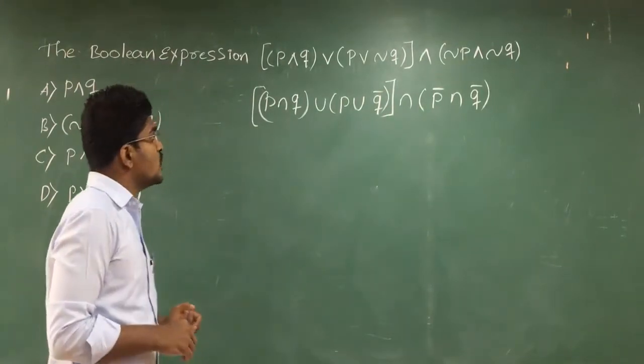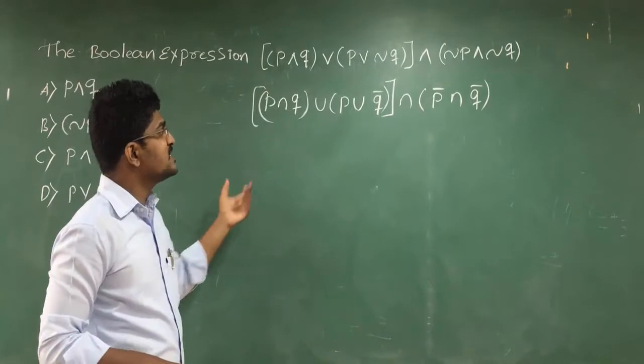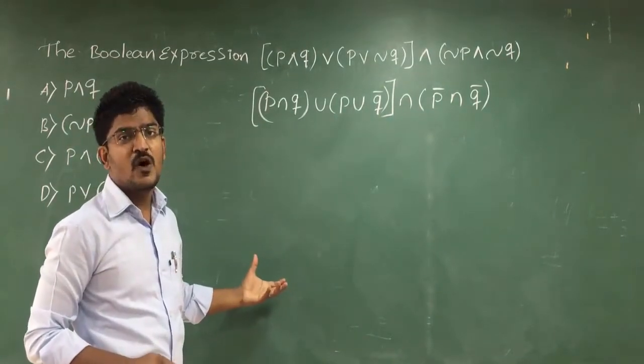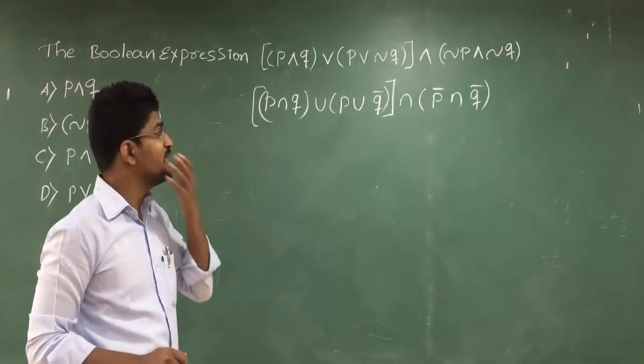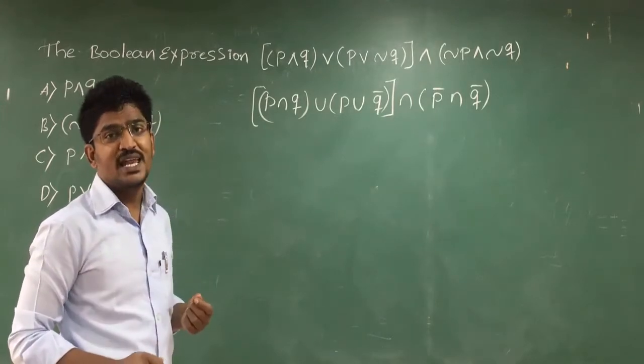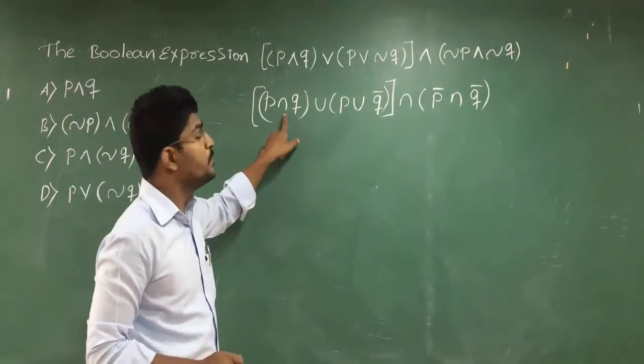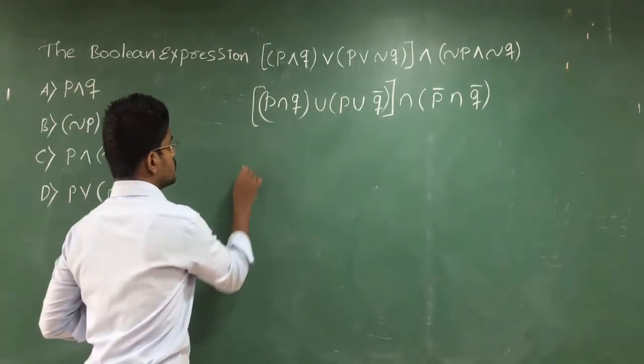Clear? So now to simplify this, I can solve this by laws of union and intersection, but let us solve it by Boolean expression. First thing, P intersection Q.